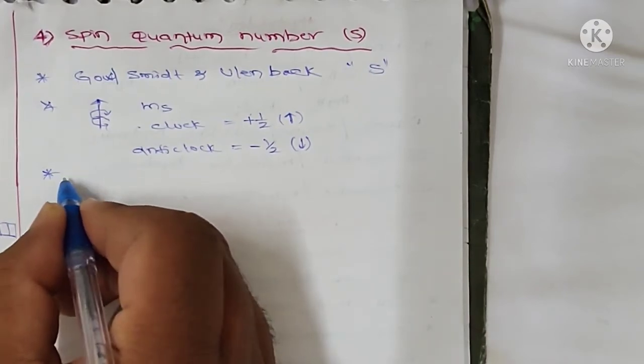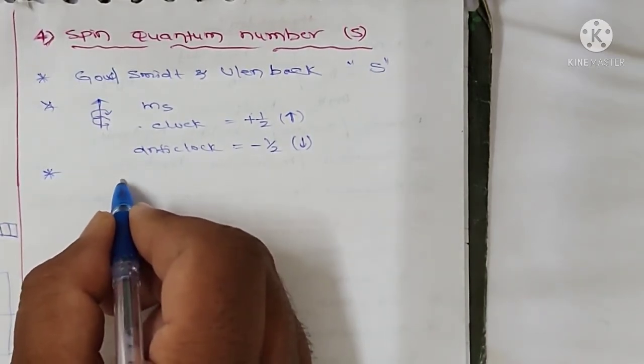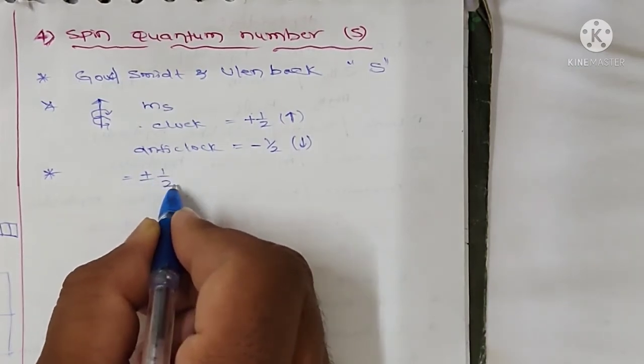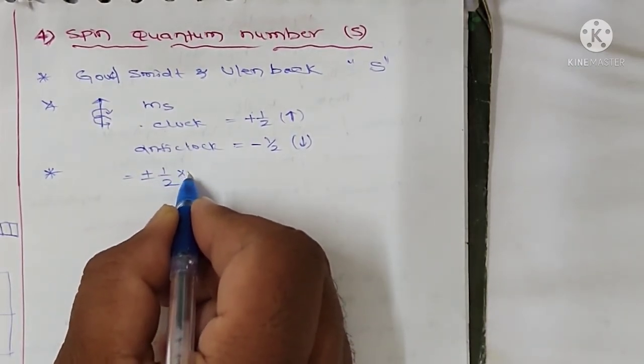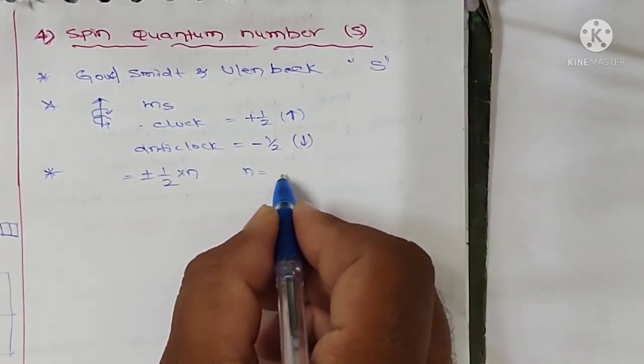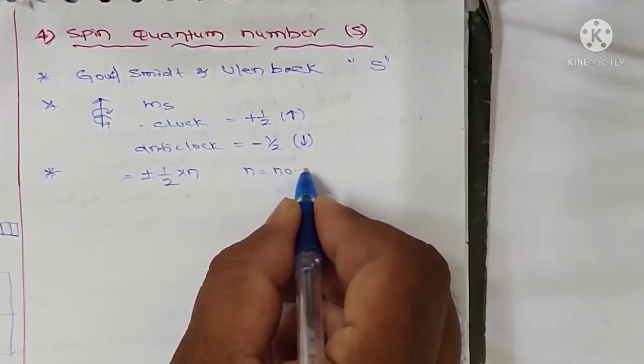And the total spin of an atom is plus or minus 1/2 into n, where n is equal to the number of unpaired electrons.